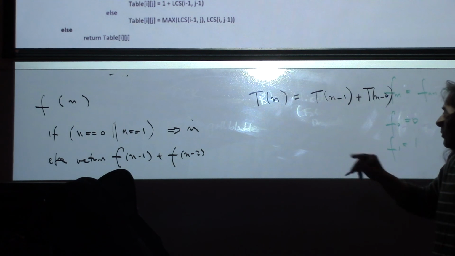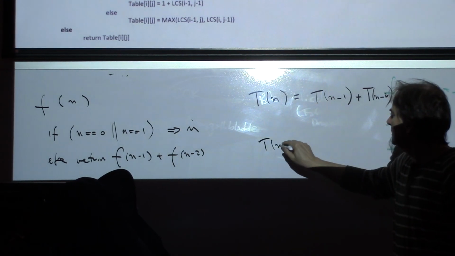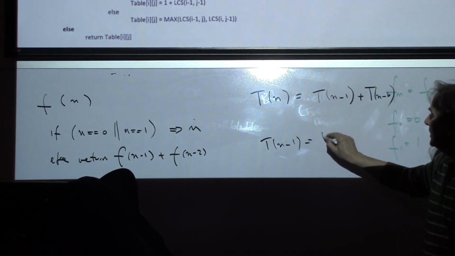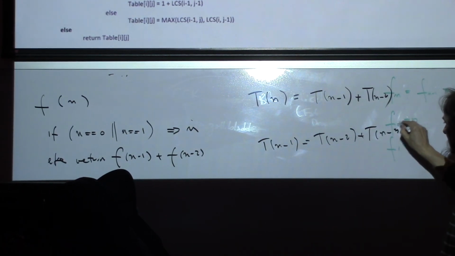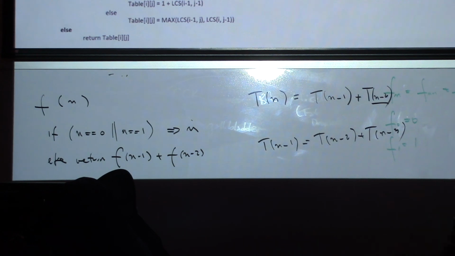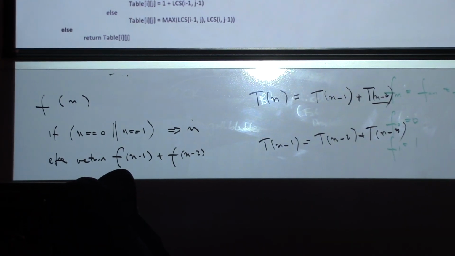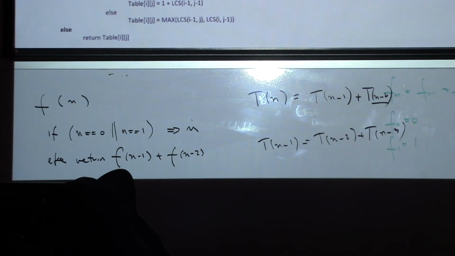What is the value of T of n minus 1? T of n minus 1 is equal to T of n minus 2 plus T of n minus 3. We can do the same thing here, keep substituting, and then try to get the solution. It's going to take a long time. What do you think is going to be the complexity of Fibonacci?